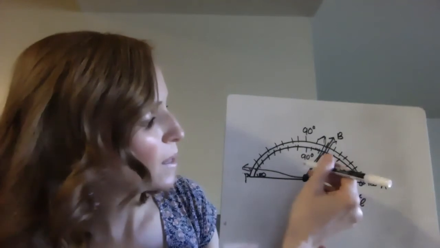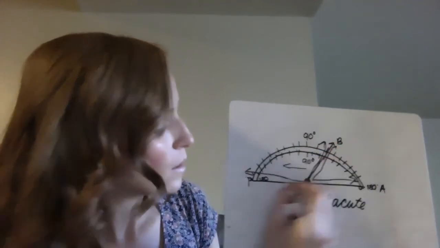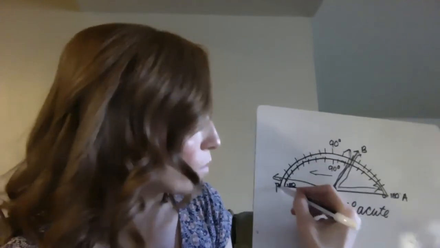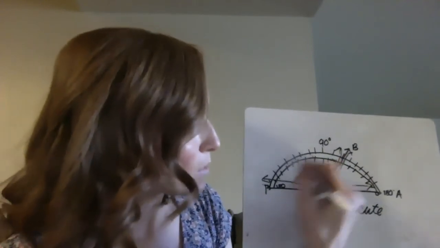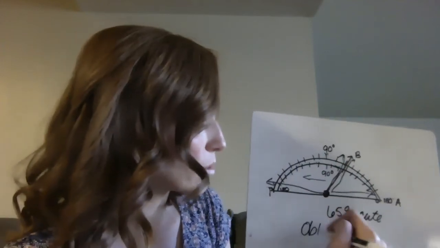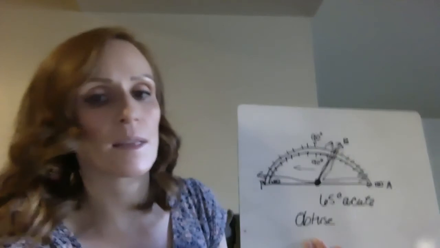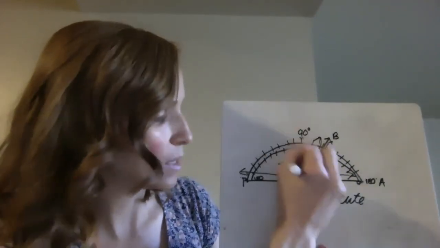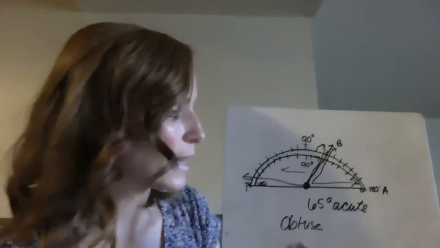Now for this way, because the angle is facing this way, we start at the 0, which on this one is the outside. So we count from 0 on the bottom line, and this passes 90, so it's bigger than 90, so we know it's going to be obtuse. Anything greater than 90 is obtuse, and a 90-degree angle is a right angle. Anything less is acute.